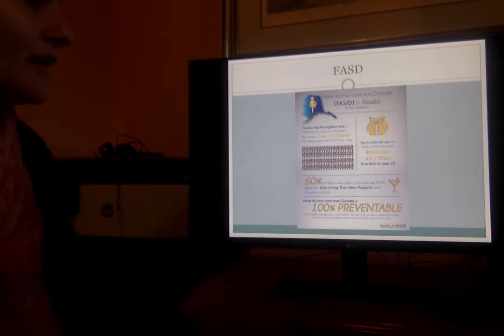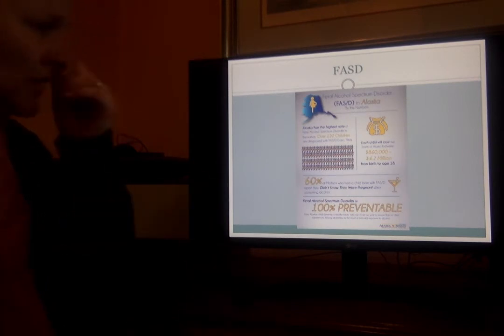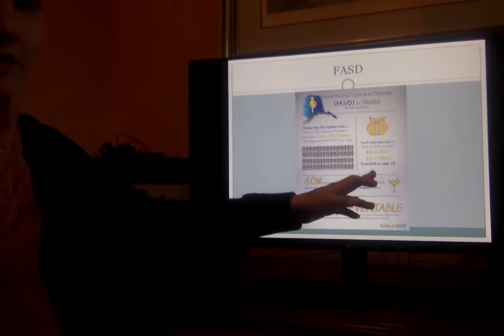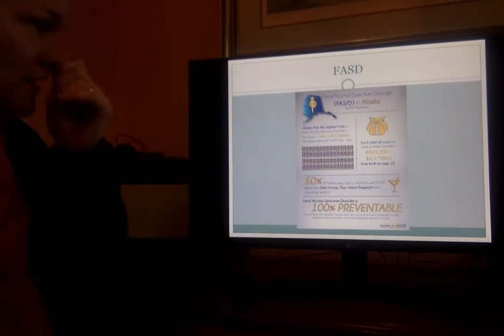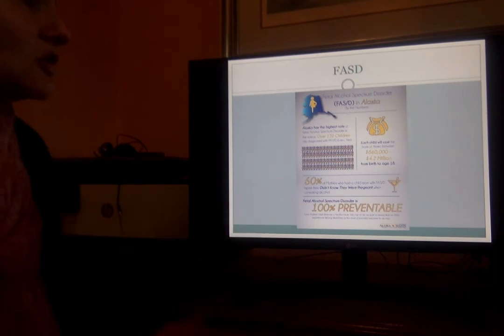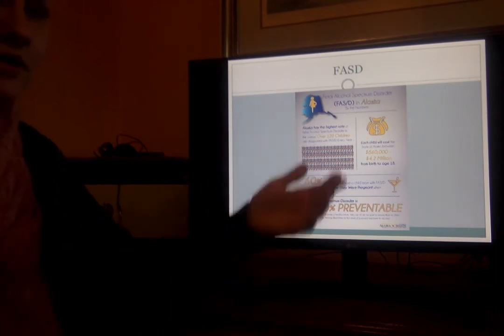Now, some people might say, oh, well, what do we care about money? Well, the important thing to keep in mind is that this money is coming from somewhere, right? It comes from taxpayers and other places. And if this money wasn't spent on children who had FAS, it could be spent on other things.